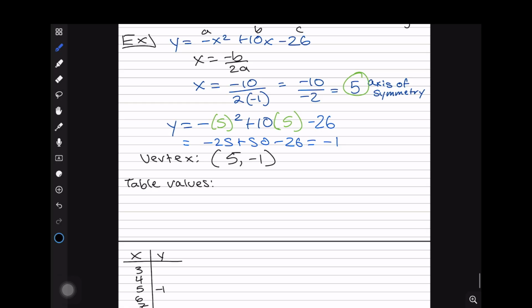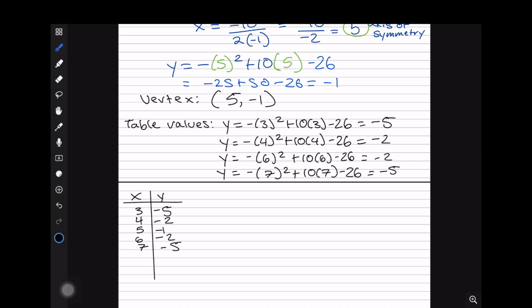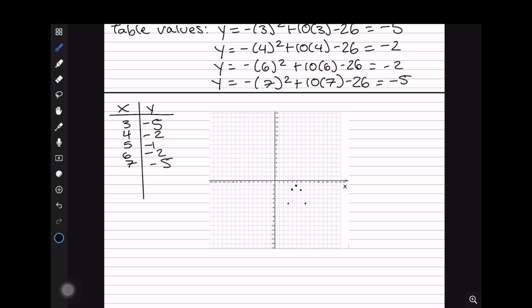I'll do the math on the side. Then once you're done with those, you go forward from the vertex. So you find values for 6 and 7 for x. The math is on the side, and then we get those values.